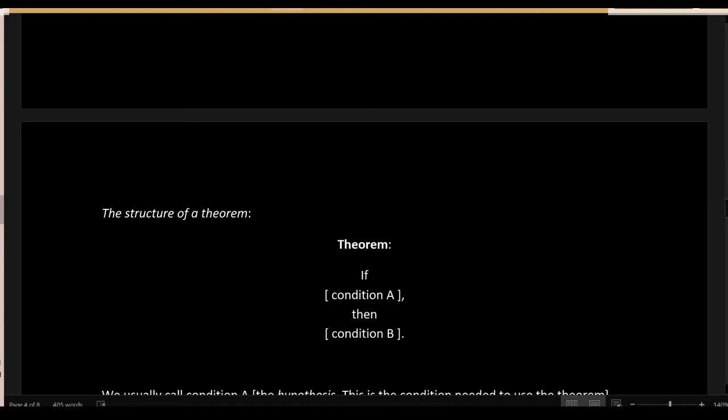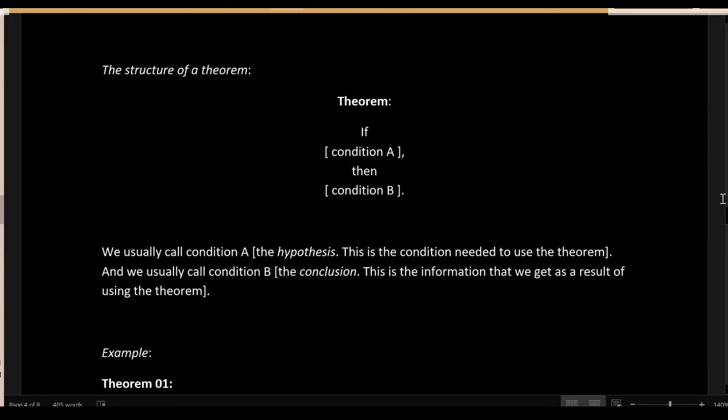Now, theorems, like definitions, come in a basic structure. If a condition is satisfied, condition A, then something else must be true as a consequence. Condition B must also be true. Now, this condition A, the one that comes after the word if, is usually given the term the hypothesis.